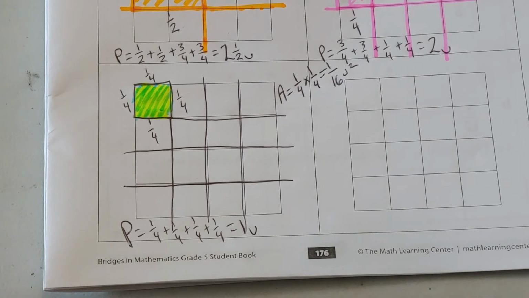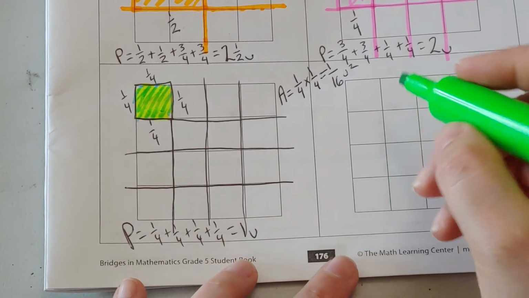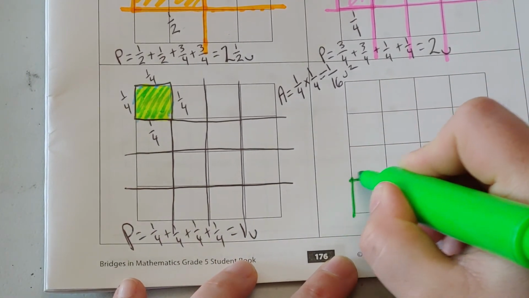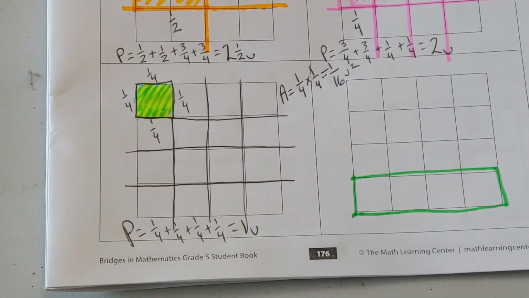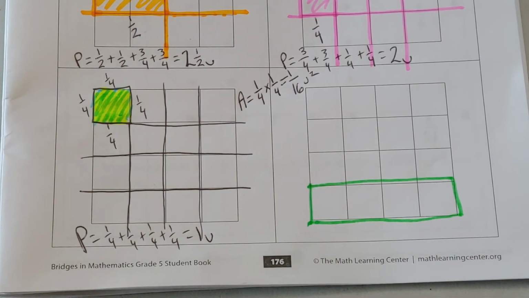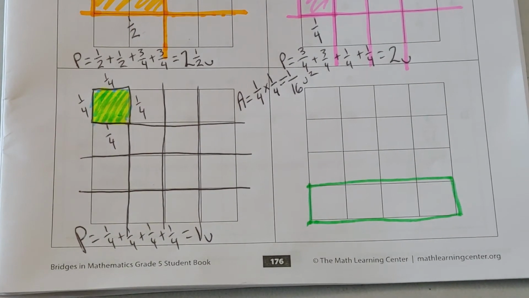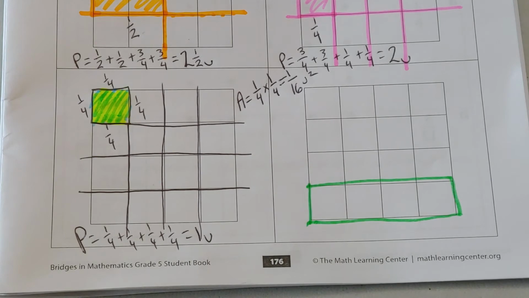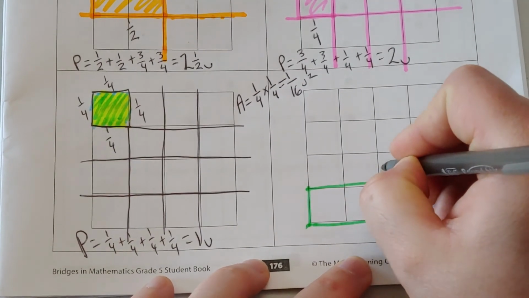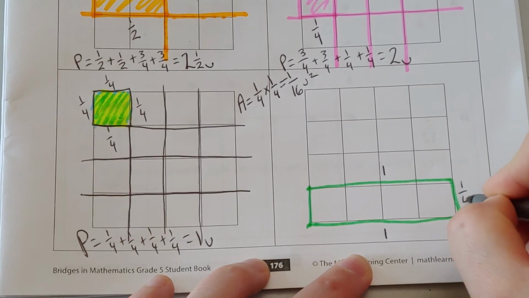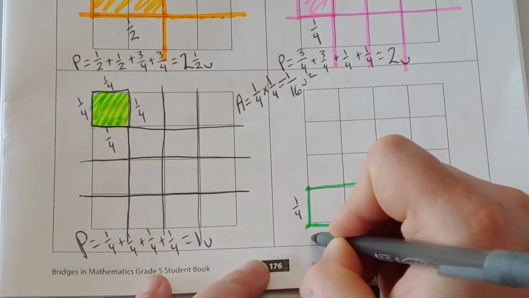Alright, I have one more for you to try. And I'm going to do it in green. Find me the dimensions for that one. This one was not one we worked on yesterday. So if you're trying to look back, not going to work. But this one is 1/4, 1/4, 1/4.